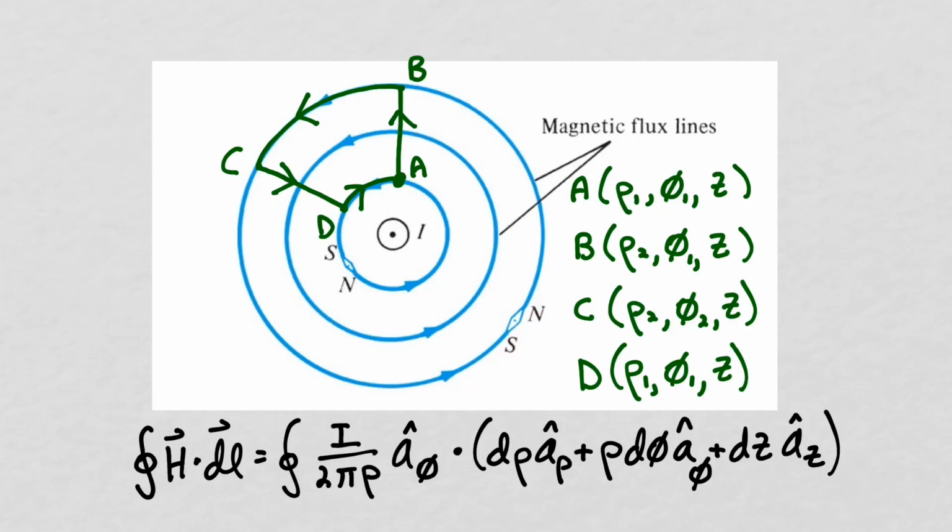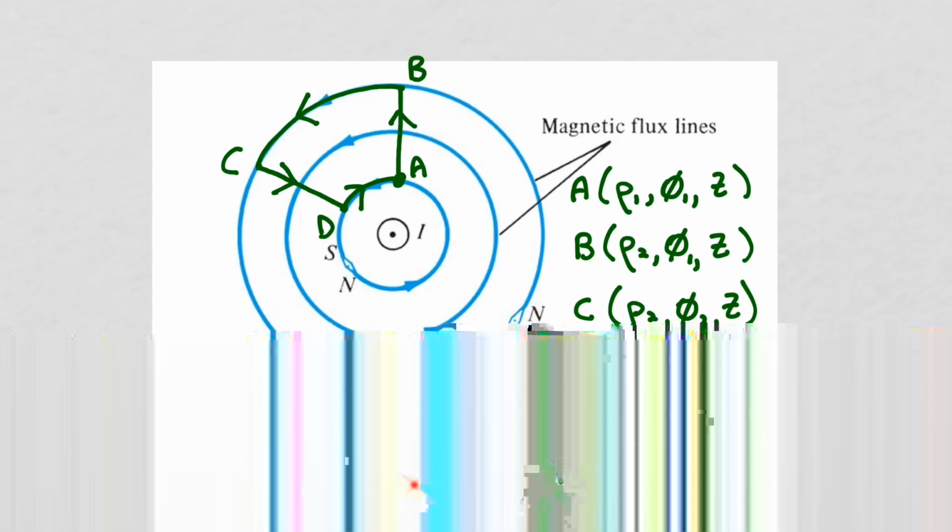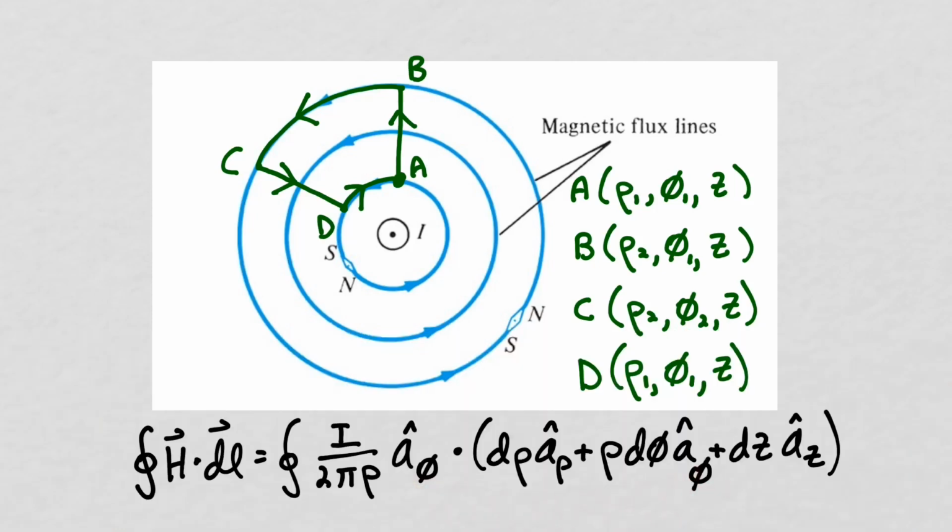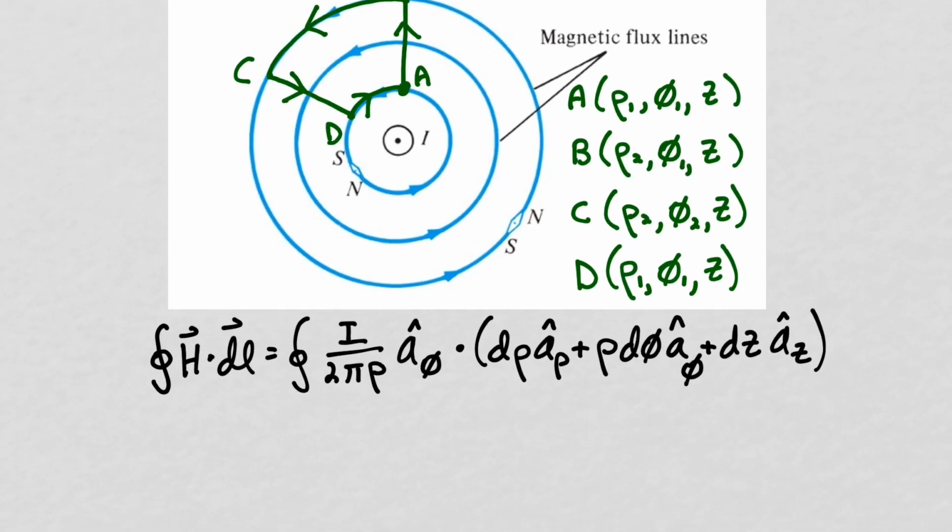So A phi dot A rho is 0, A phi dot A phi is 1, and A phi dot A z is 0. So that's going to leave us with the integral of I over 2 pi rho d phi.